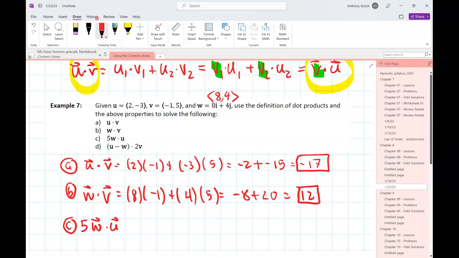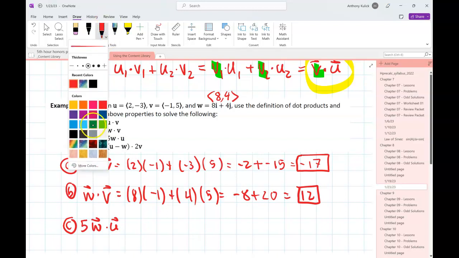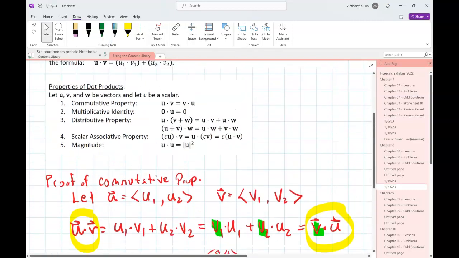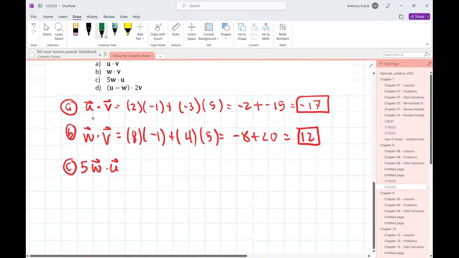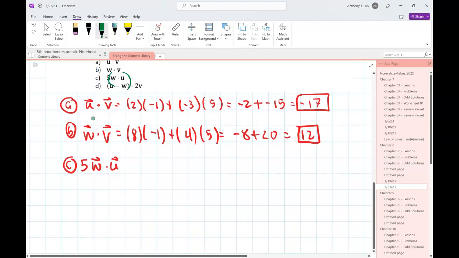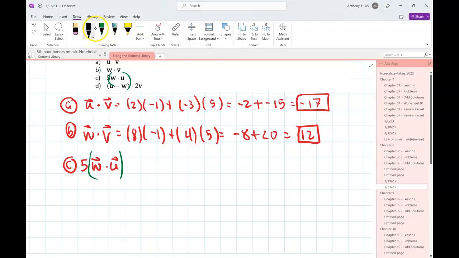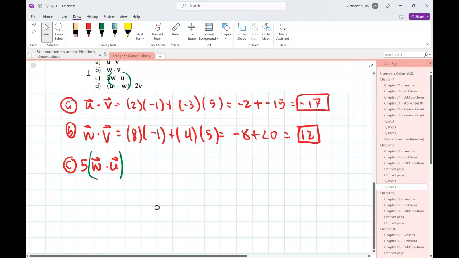So next one we have 5w dot u. So here I could use one of my properties of dot products, and I would probably do that here, me personally, is I would use the scalar associative property, and I would think about it this way, where I'm going to do the dot product and then multiply it by 5. Now, you don't have to do it that way. You could do the 5 times w and then do the dot product, or 5 times u and then do the dot product.